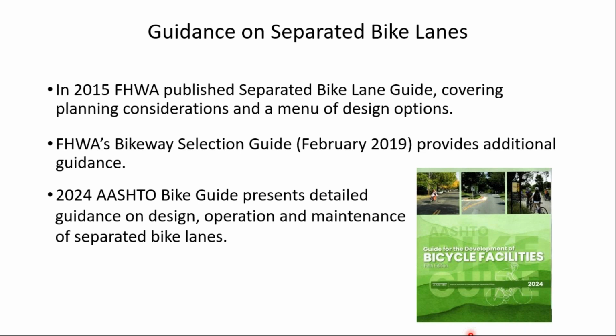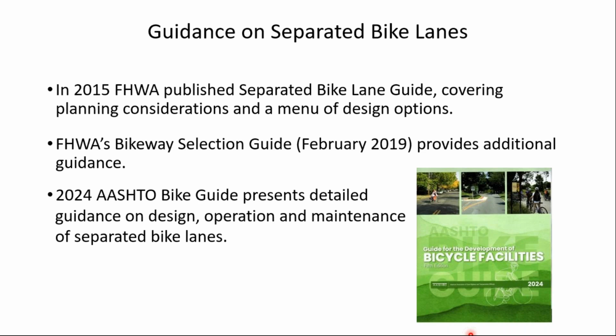There has been guidance over the years on separated bike lanes. Probably the first official guidance came in 2015 when the Federal Highway Administration published its separated bike lane guide, which covers some of the planning considerations and gives a menu of design options. Then in 2019, FHWA issued its bikeway selection guide that provided some more guidance.